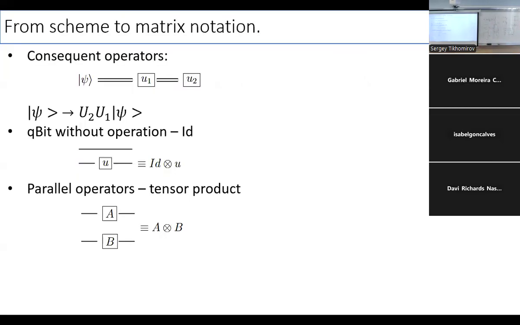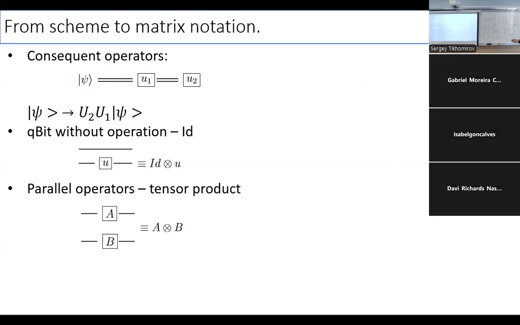Yes, and some notational remarks. There would be the usual situation that I draw a scheme like on the previous slide, but we will make calculations in states. We would not just do calculations on a scheme as it is, so we need some rules to convert one to another. If we have two consecutive gates, this is just their multiplication, but we apply from the left to the right.